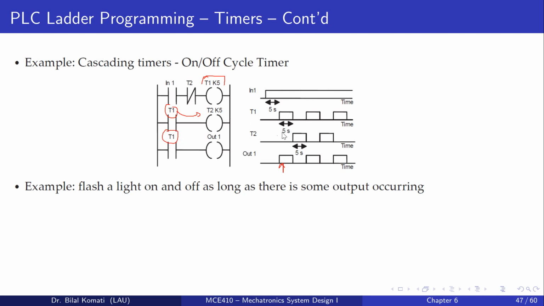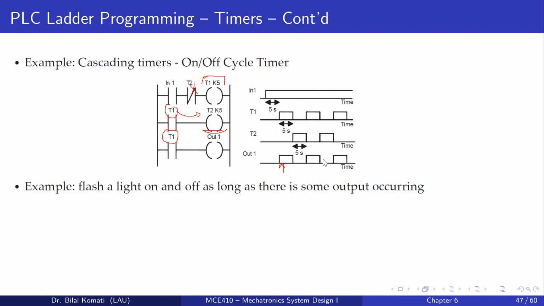After some time, T2 will be activated, and as T2 is activated, it will break the contact, so the timer will stop. Then we can turn on T1 for 5 seconds, and so on.